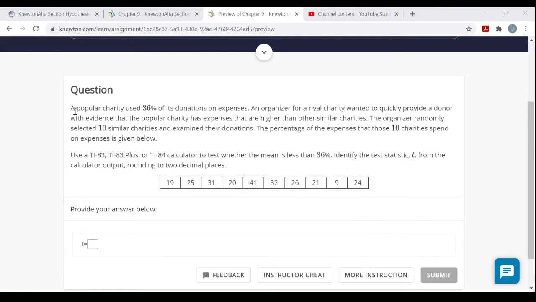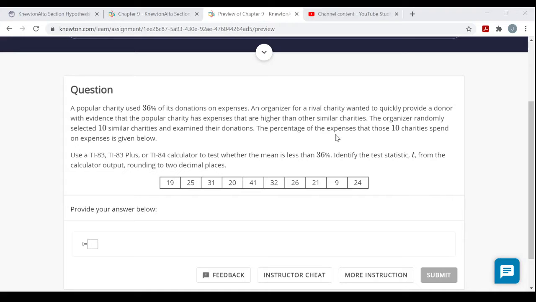So here, a popular charity used 36% of its donations on expenses. An organizer for a rival charity wanted to quickly provide a donor with evidence that the popular charity has expenses that are higher than other similar charities. The organizer randomly selected 10 similar charities and examined their donations.